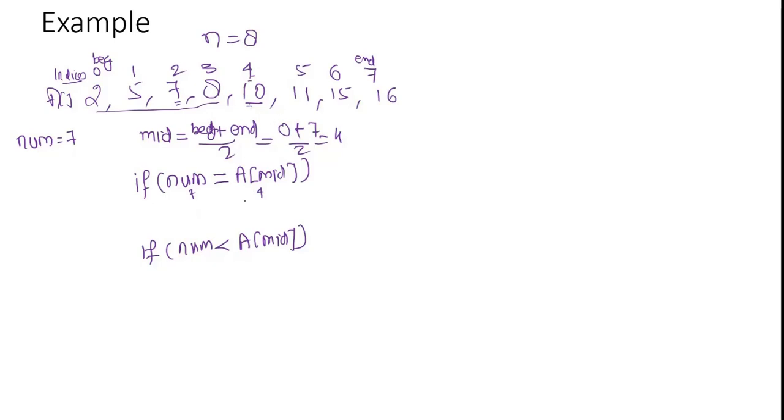Otherwise, if the number is larger, then it will lie on the right hand side subarray. So here what we have to do, after the first comparison we have to shift the end index to 1 before the mid element, that is here. So what we have to do, end is equal to mid minus 1.